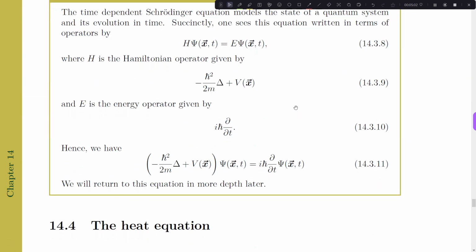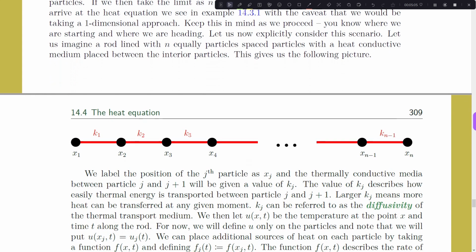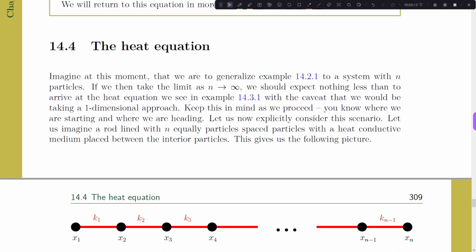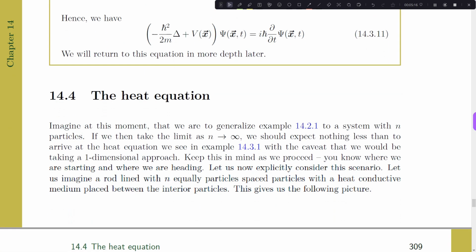But I'm going to jump back down to where we are here. When I have a big system of these, this is why, if I jump back to the name of chapter 14, it said modeling in the quote-unquote continuum limit.